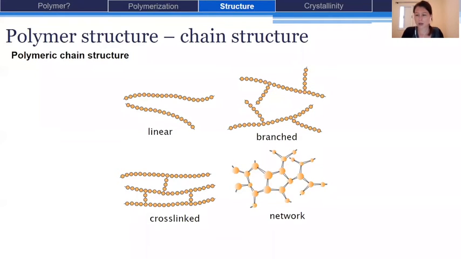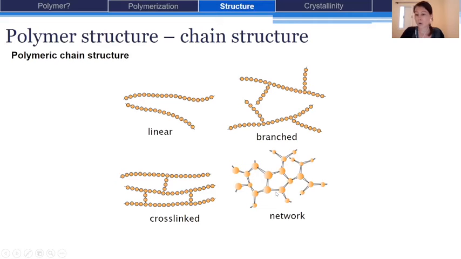If we increase a lot the number of cross-linkings in a cross-linked polymer, it will result in a network. So in fact, cross-linked and network structures are only differentiated by the number of cross-linkings that you have in the structure.